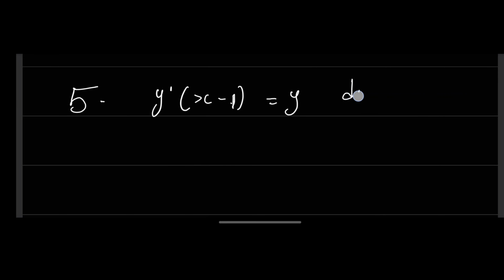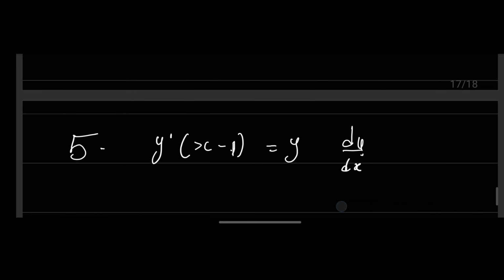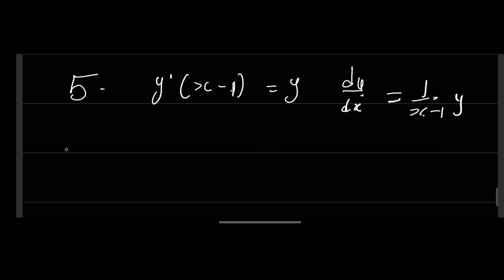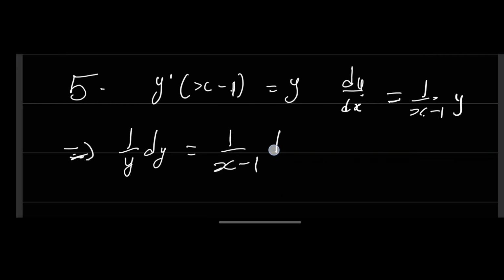Let's separate variables. y prime equal to 1 over x minus 1 times y. Let's complete the separation of variables, and we would have 1 over y dy equal to 1 over x minus 1 dx.